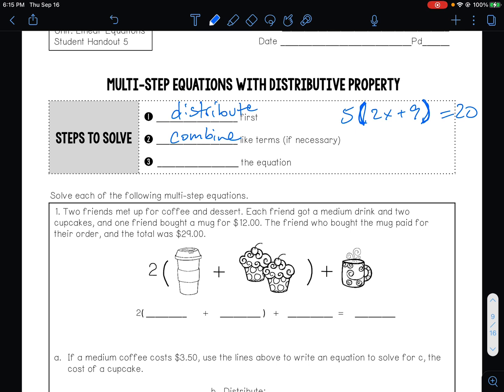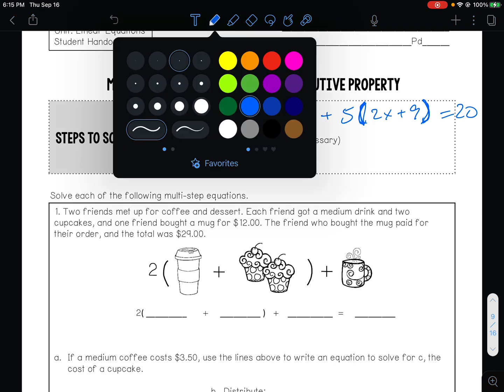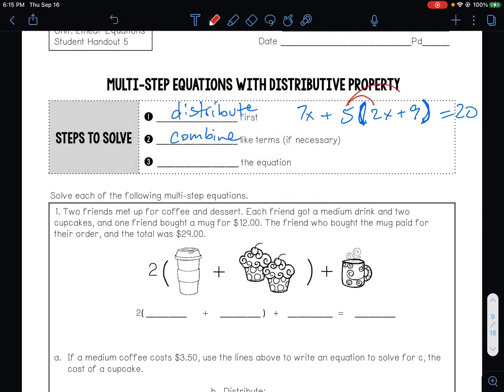Because sometimes you may end up with an equation that looks like this: 7x plus 5(2x plus 9). So the first thing you would do is distribute first. And then once you distribute, you have to combine the like terms, which would be 7x plus 5 times 2x, which would be 10x. And finally, you solve the equation.